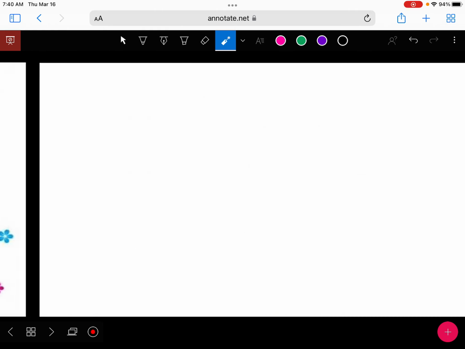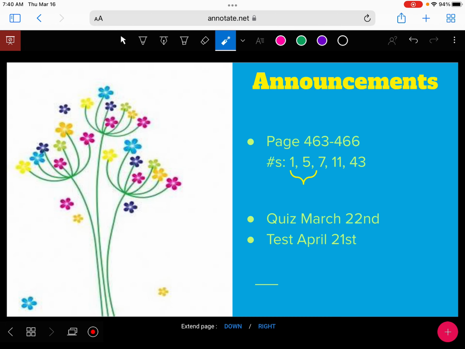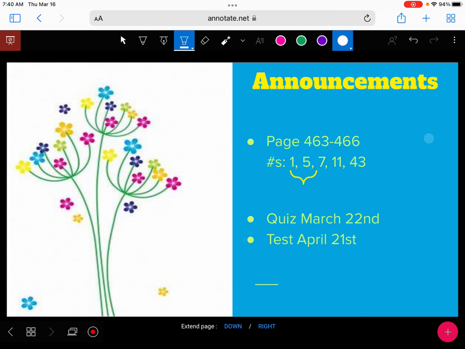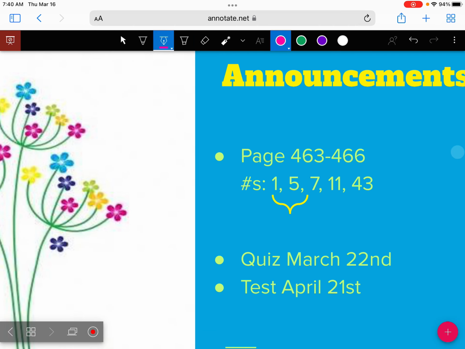Awesome sauce. Okay, this is homework 2, which is actually the last homework before spring break. So this is our 9-2, and you can do 1 and 5.